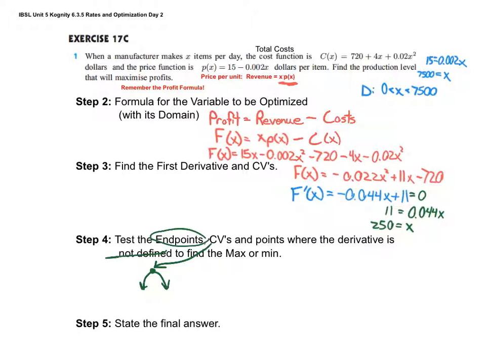So let's see what f of 250 equals. It's 655.